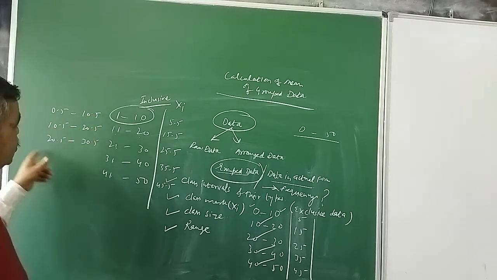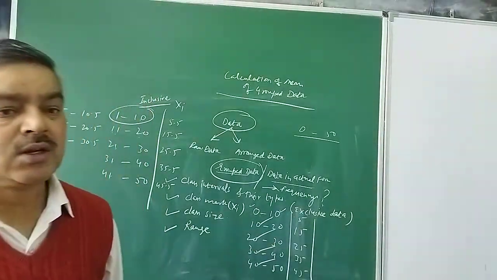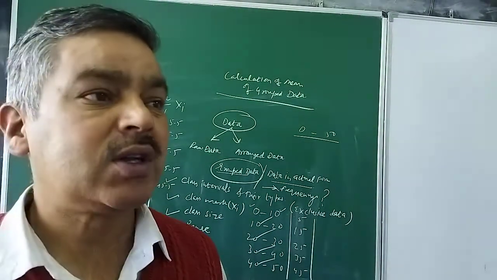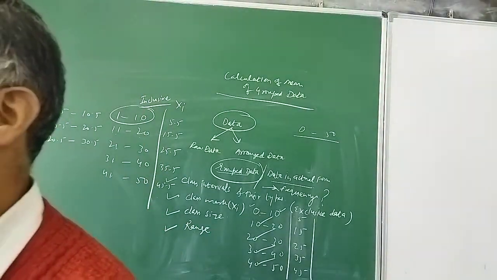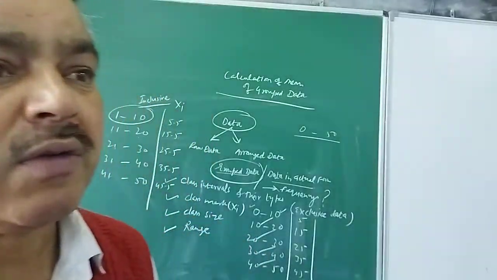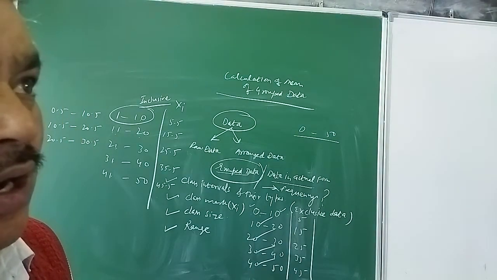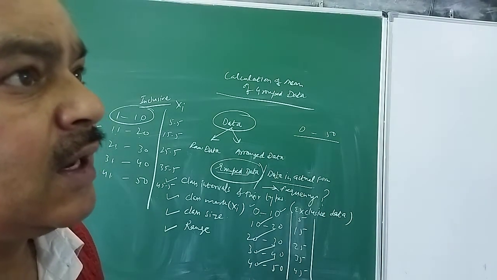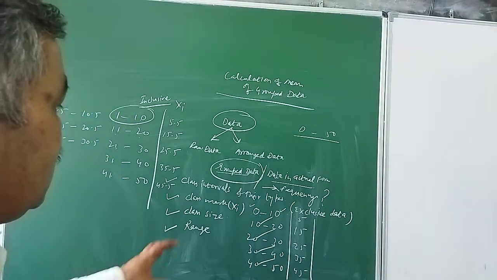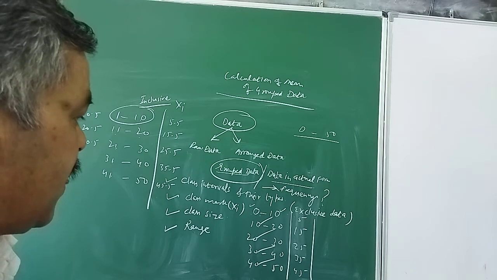Now this is converted into the exclusive form of the data. So to convert inclusive data into exclusive, always keep on subtracting 0.5 from the lower limit and keep on adding 0.5 to the upper limit of every class interval. You will be converting the inclusive form into exclusive form.